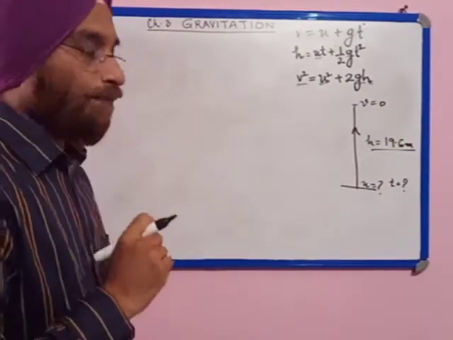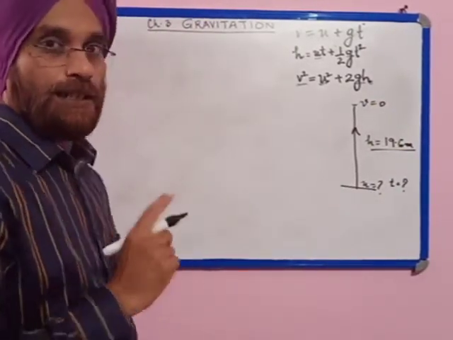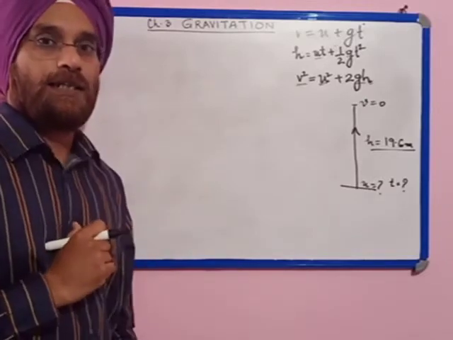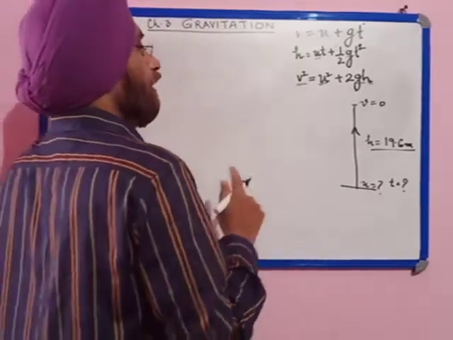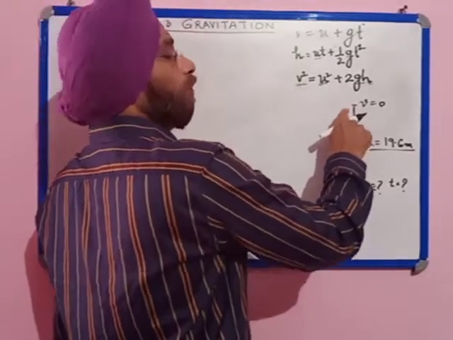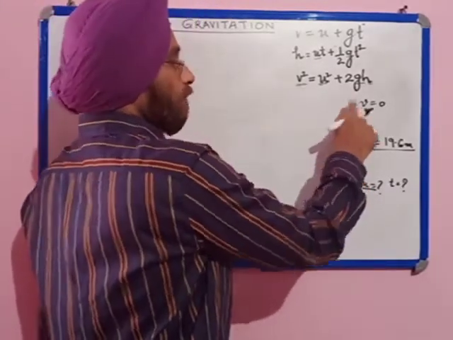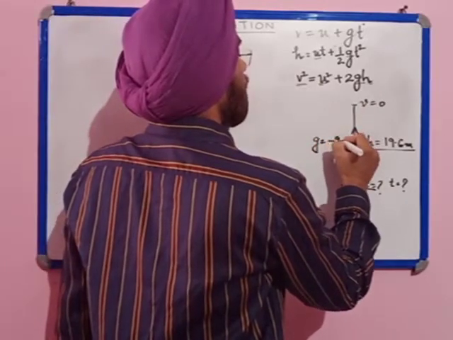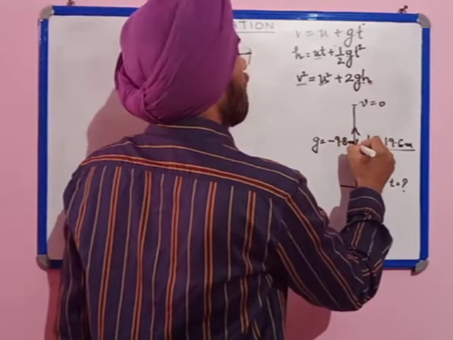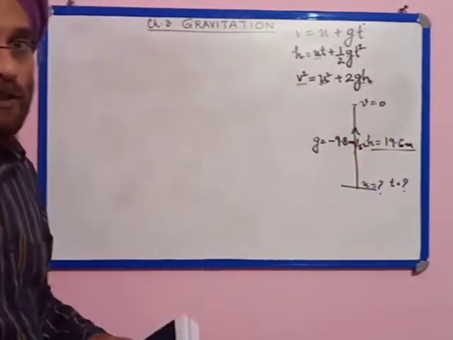And second thing, gravitational acceleration is not given, so gravitational acceleration will be 9.8 meter per second square. But in this case, since the ball is moving upward, it is deceleration, so we will take minus 9.8 meter per second square.